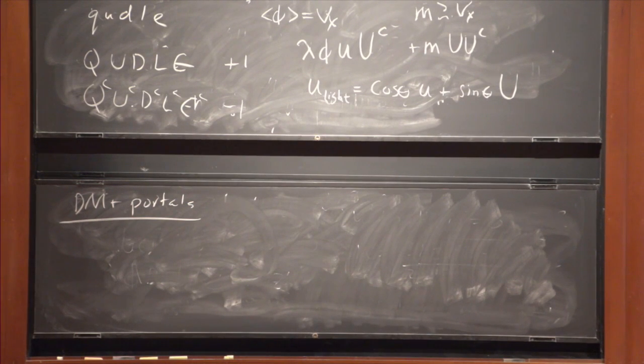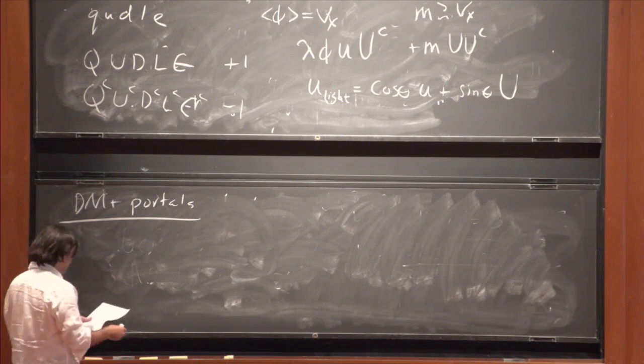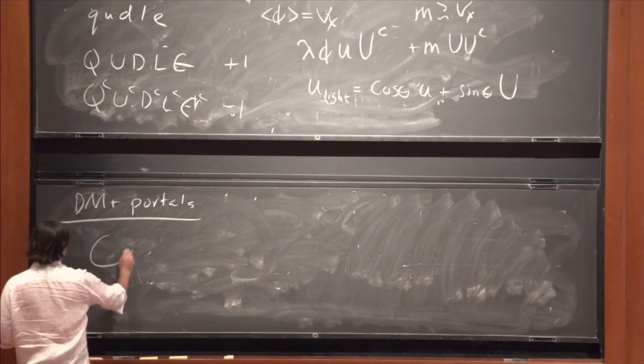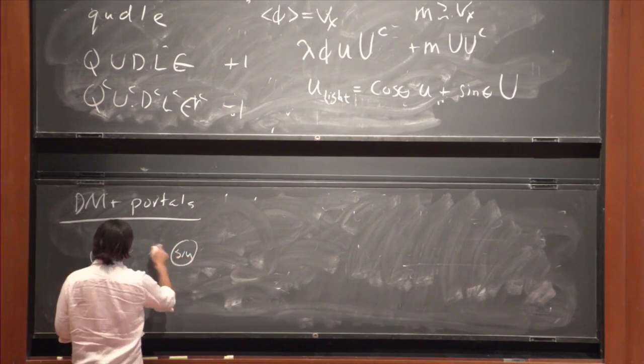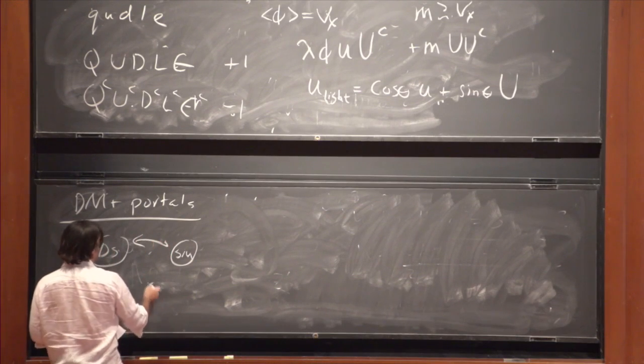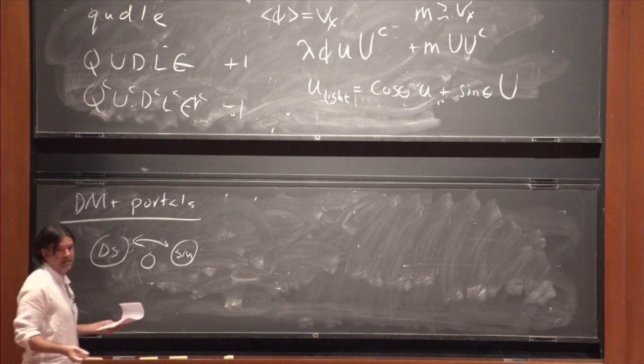So these have gotten a lot of attention, in part because as we've done a lot of WIMP searches and as we've done collider searches and not found anything, people have started stepping back and saying, okay, more generally, how are we going to have dark matter that talks to us? And so the idea is that you have your dark sector, and you have your standard model, and then there's some sort of operator that connects these two sectors.